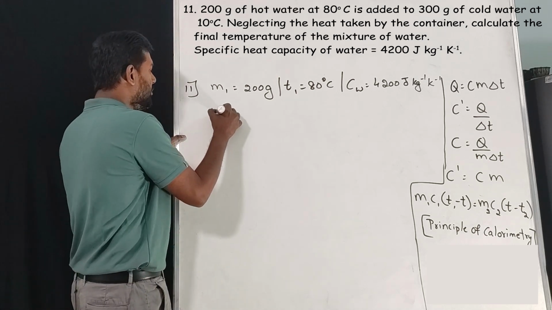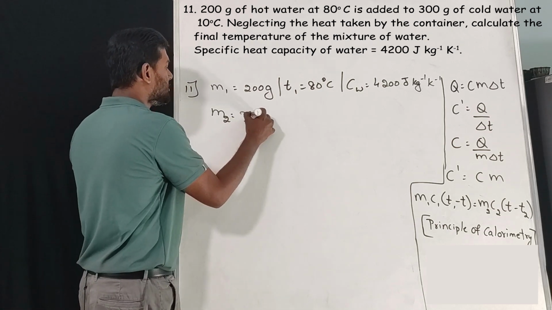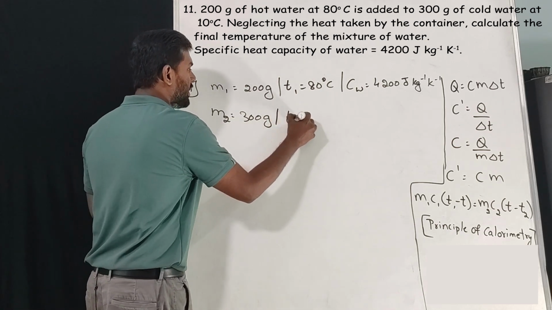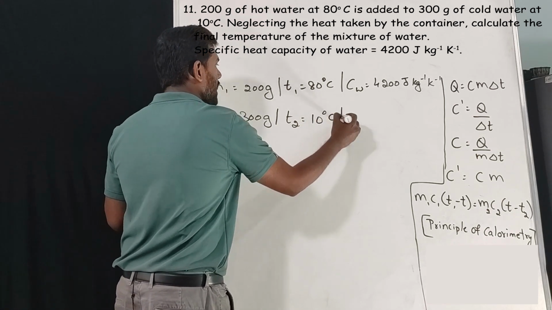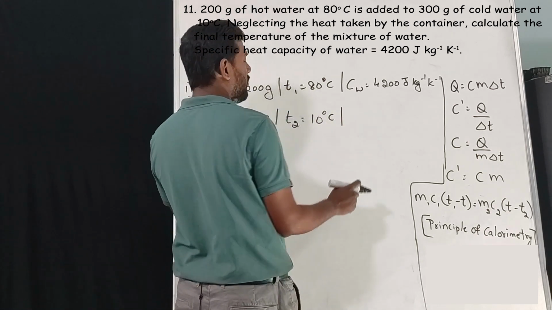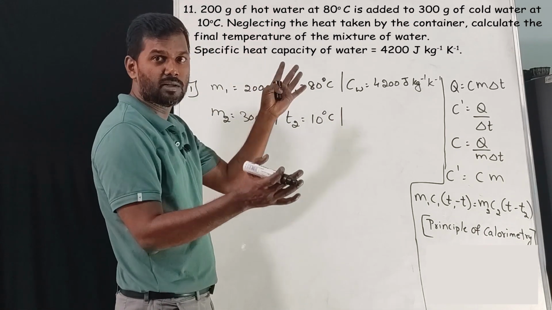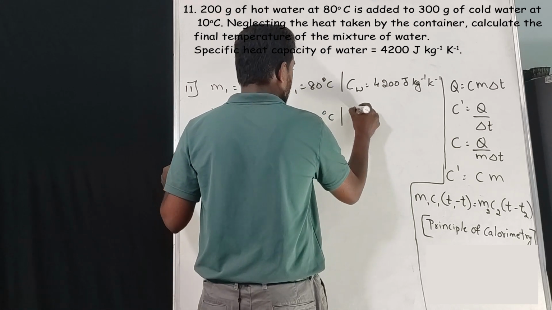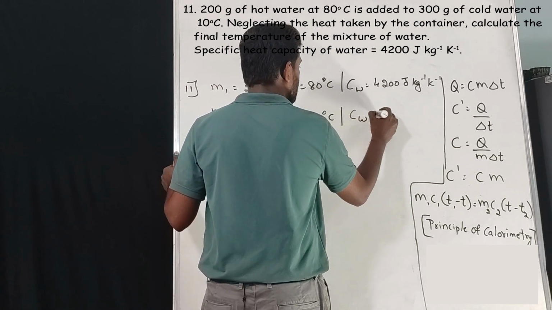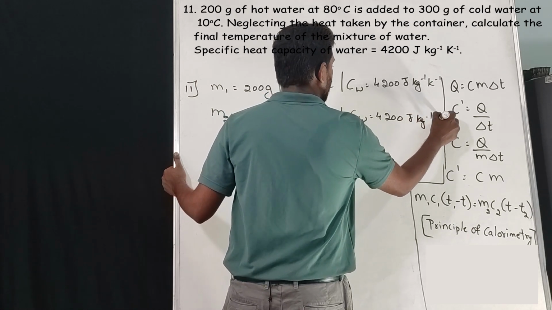Now M2, that is cold water, that is nothing but 300 grams. Temperature T2 is equal to 10 degrees Celsius and Cw, we are talking about the water again, right? Finally they are going to mix, the specific heat capacity will be the same, correct? So Cw is equal to 4200 joules per kg per Kelvin.